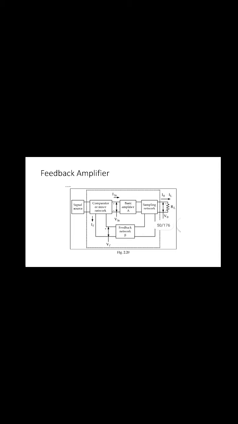Feedback may be of different types: positive feedback, negative feedback, so many types. The process of adding some fraction of the output energy of the device to the input is known as feedback. Feedback is mainly required to control the output voltage or current depending on our requirement.